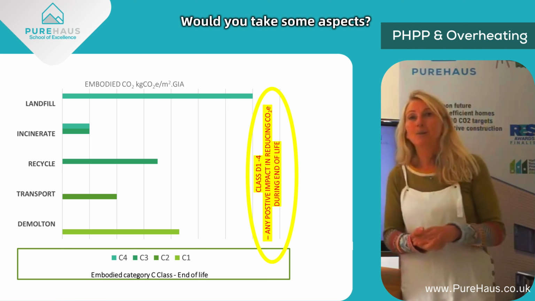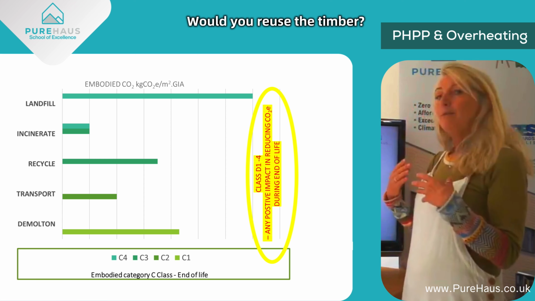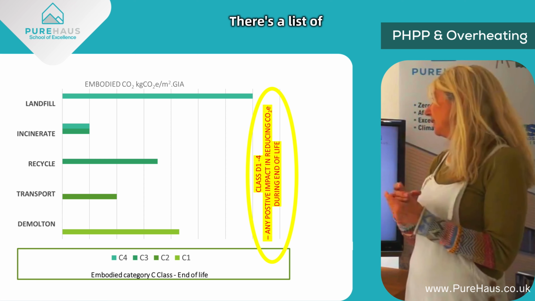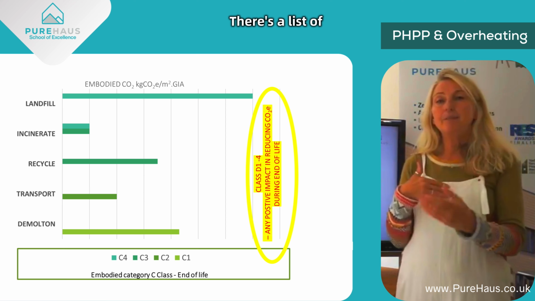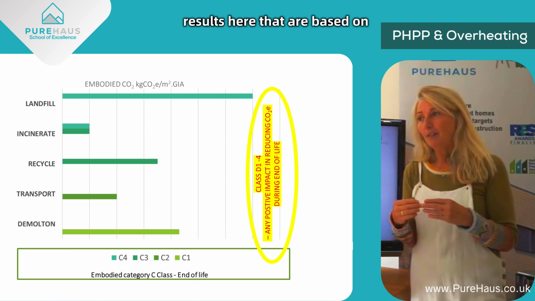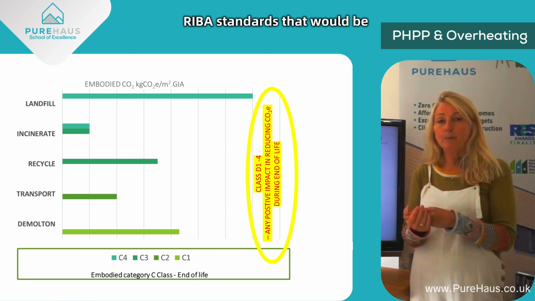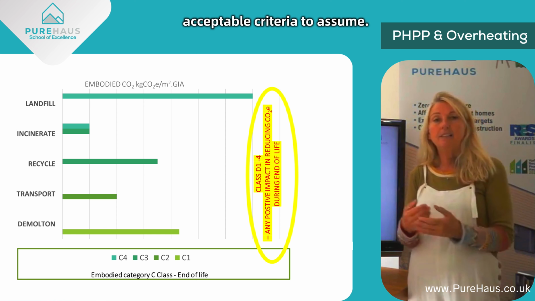Probably yes. Would you take some aspects? Would you reuse the timber? There's a list of probable or anticipated results here that are based on the LETI and RIBA standards that would be acceptable criteria to assume.